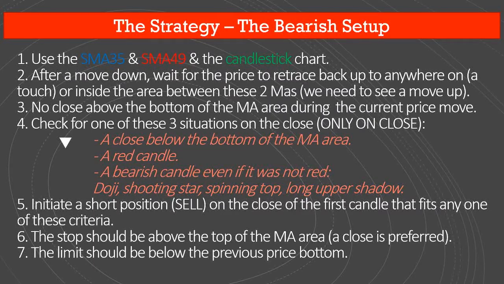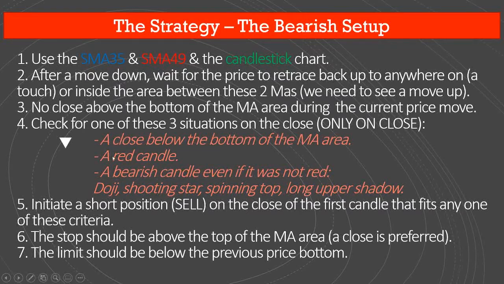Okay, if we have a move down, then a retracement up, and no close above the top of the moving average area, we look for one of these three situations: a close below the bottom of the area, a red candle, a bearish candle, even if it was not red. Like what? Like doji. We talked about this. Shooting star is the opposite of the hammer. A spinning top, of course, can happen at the bottom or a top, or a long upper shadow.